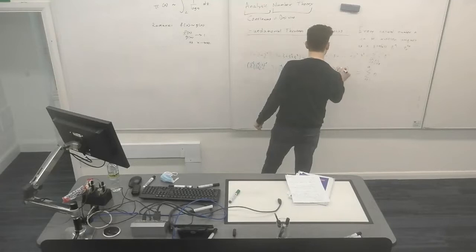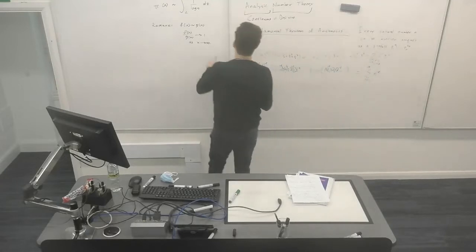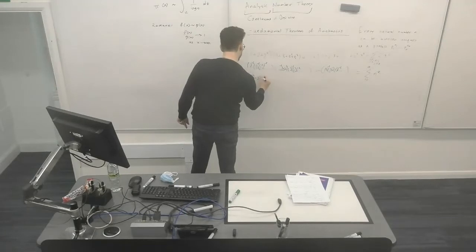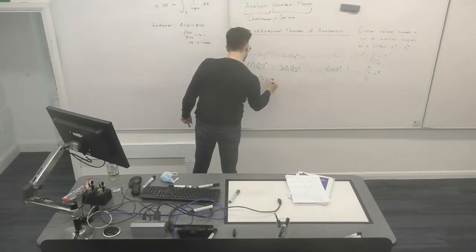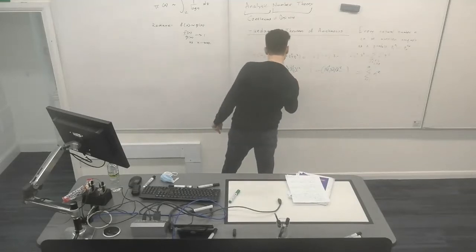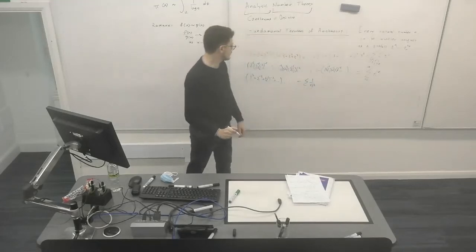So this is not trivial now. What you get is that this is equal to the sum of all the inverses of the squares.